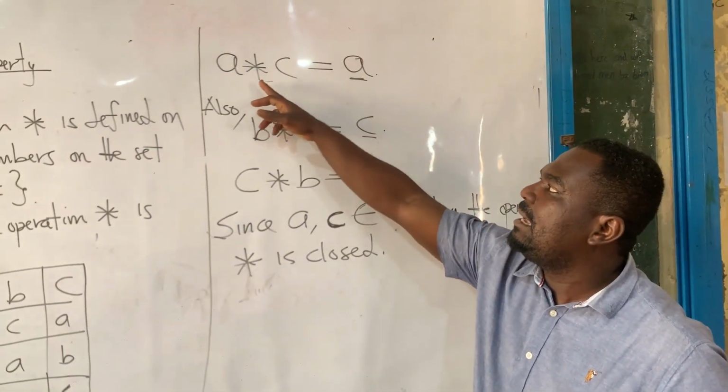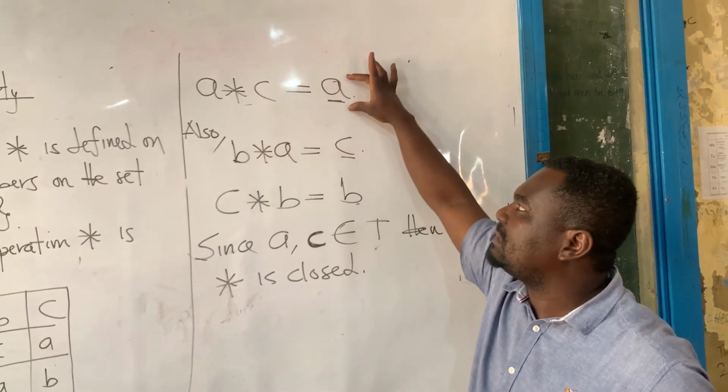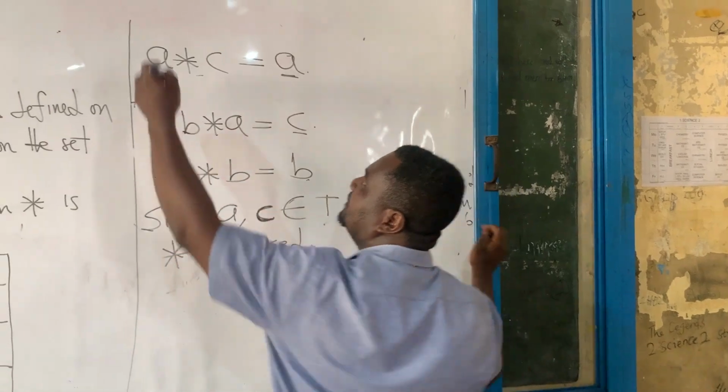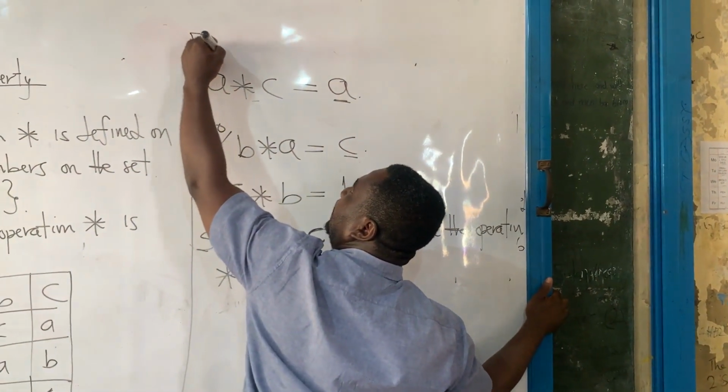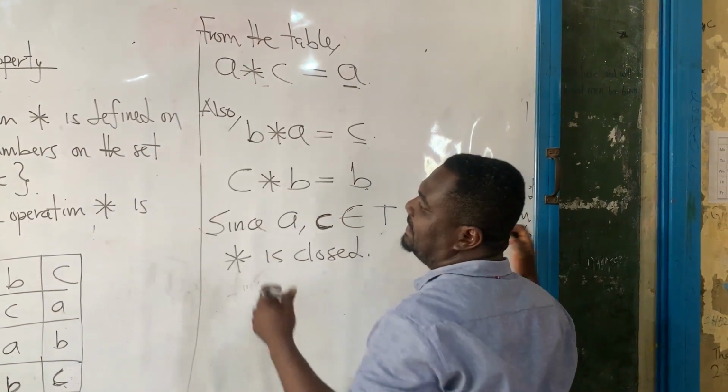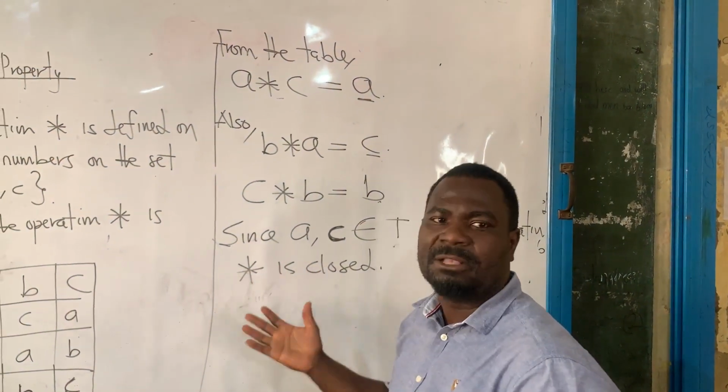So the evidence is A star C, the answer was A, from the table, random picking any two numbers of your choice.